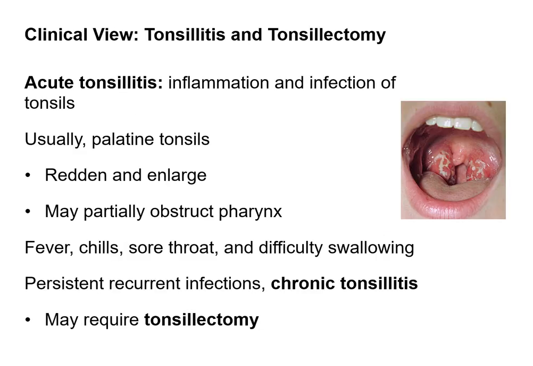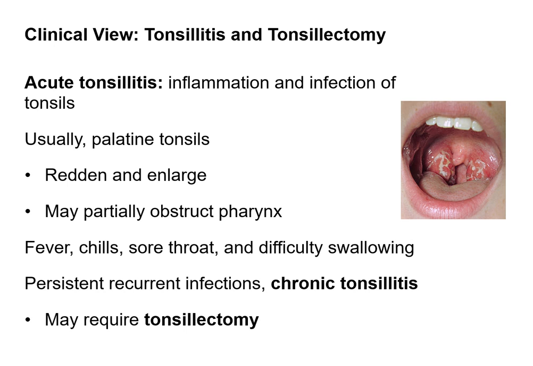So here you can see some tonsils. What tonsils are these that are inflamed? These are examples of the palatine tonsils. Here's your uvula, here's the tongue, so this is left, this is right, and you can see those swollen palatine tonsils along with bacterial growth on the surface. So this is acute tonsillitis, an acute inflammation and infection of the tonsils.